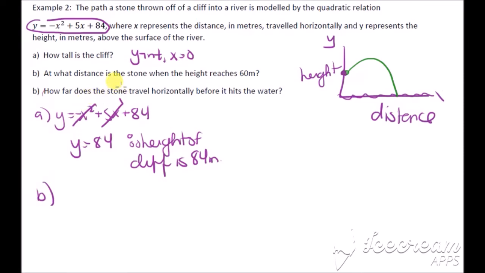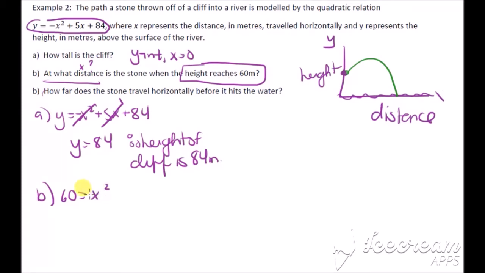Okay, at what distance is the stone when the height reaches 60 meters? Well, when the height reaches 60 meters, we would sub in the 60 for the y. And it says at what distance, so we're going to solve for x.